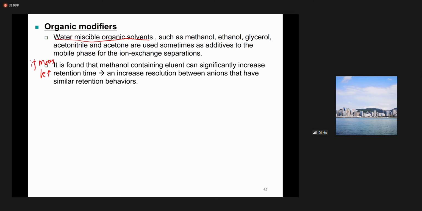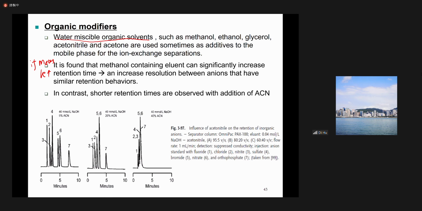In contrast, a shorter retention time is observed for ACN. So if ACN is used, the K value decreases. How to say, this explanation is not really confirmed.